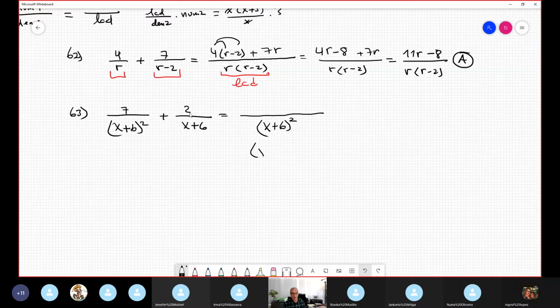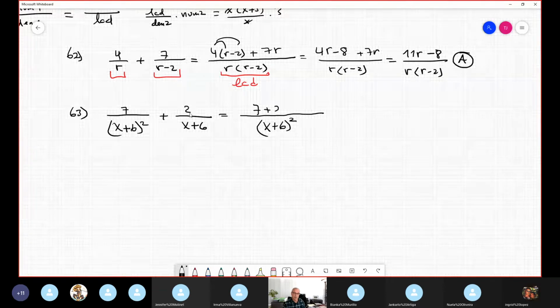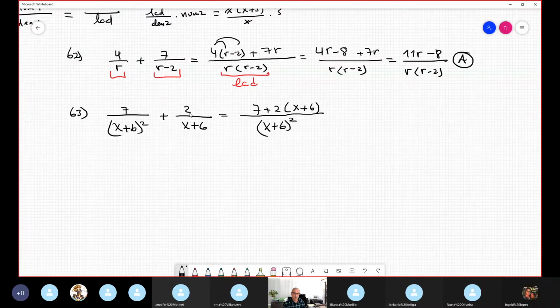There is no need for repetition of the same factor. So this is just 7, it's obvious, because they are a perfect coincidence in this denominator and this denominator. This is just 7 plus 2 times x plus 6. The reason is clear. You have 2 here and 1 here. And so when you cancel out, you stay with 1, and x plus 6 times 2.